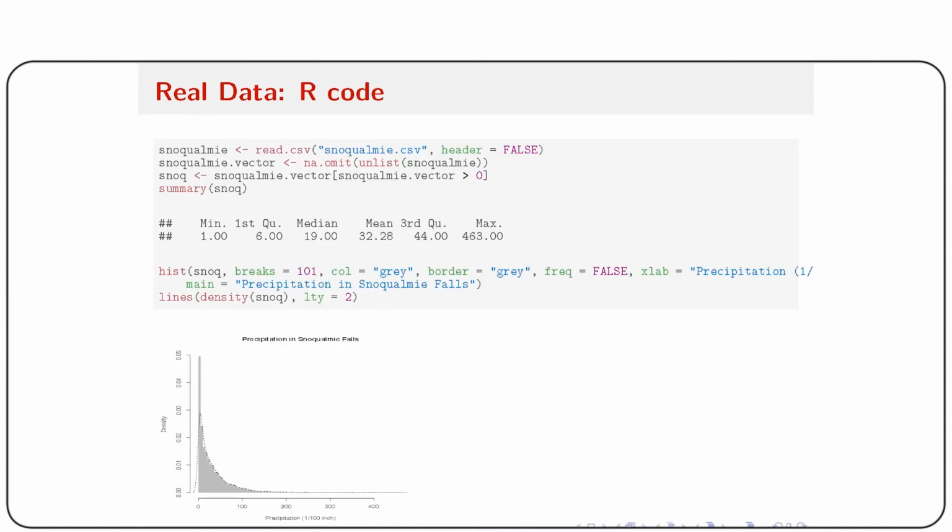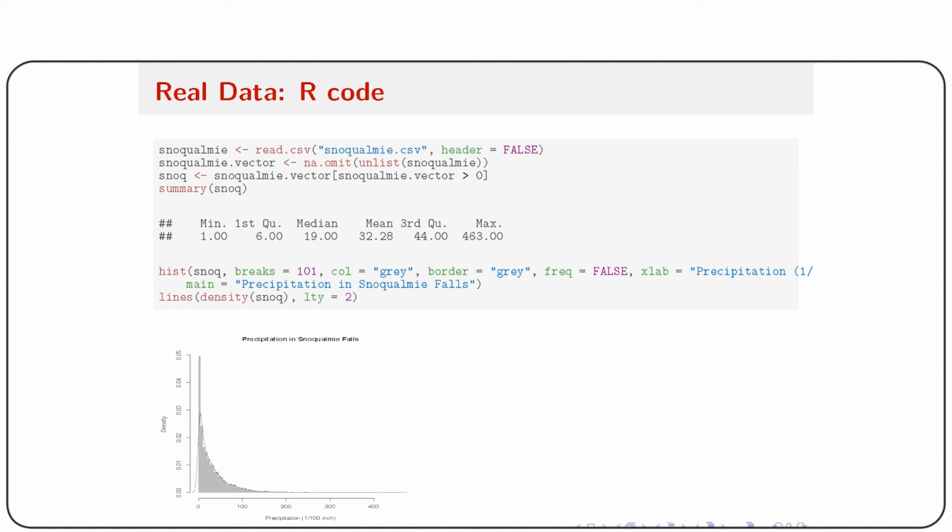Here is read.csv on the snoqualmie.csv data, which can be downloaded from there and saved in your folder, and then read through read.csv. Then na.omit and unlist on the Snoqualmie data omit wherever missing values are there. Then snoq, another variable that I have created, is the Snoqualmie vector wherever it is greater than 0.